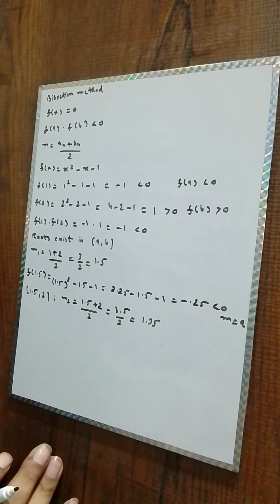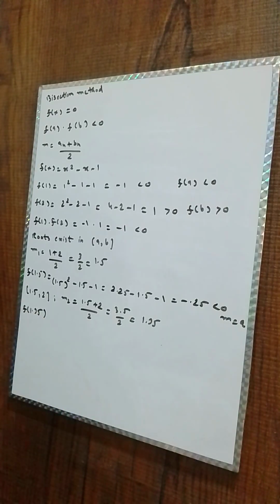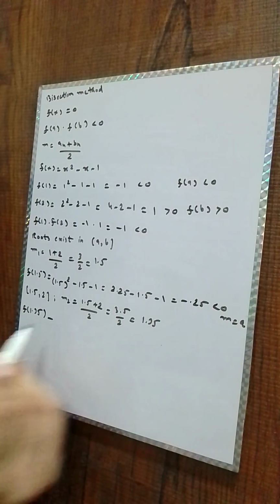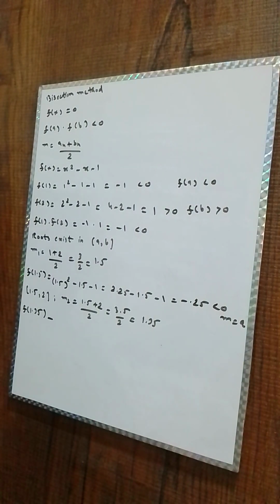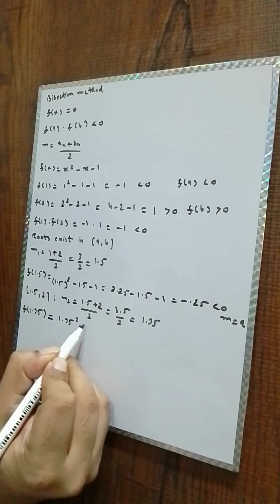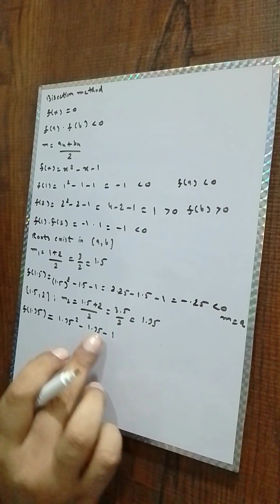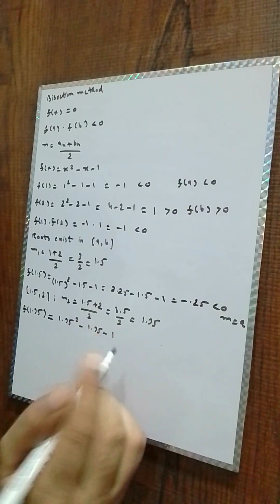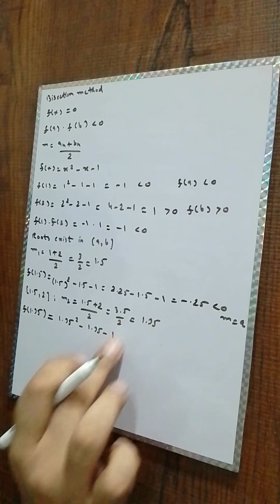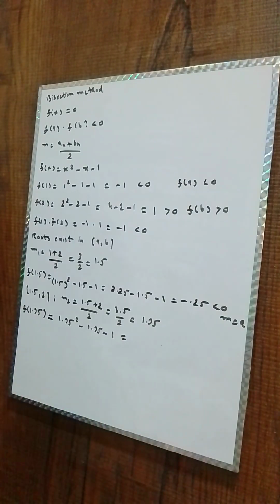Okay, so 1.75, and now we estimate the function at 1.75, and this function is now 1.75 square minus 1.75 minus 1.